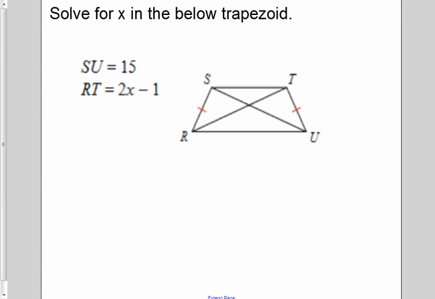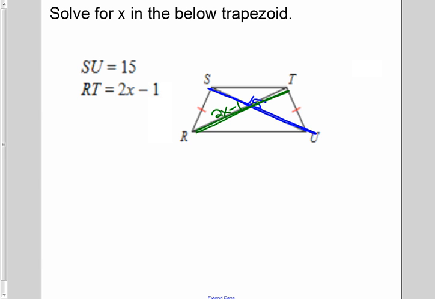Now we're going to solve for x here. It says that SU, which is this whole piece right here, is 15. And then it says RT, which is this whole thing right here, is 2x minus 1.